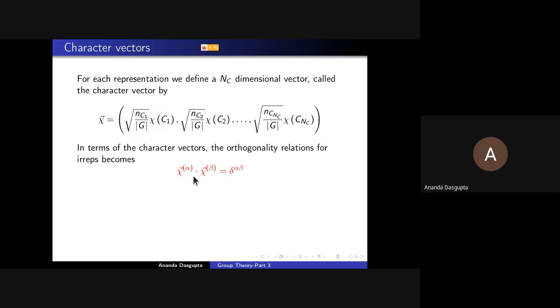For two irreps, chi alpha dot chi beta, where this dot means the complex conjugate and sum up over components, you simply get delta alpha beta. The mod G and everything has been taken care of by essentially putting them in the factors here.